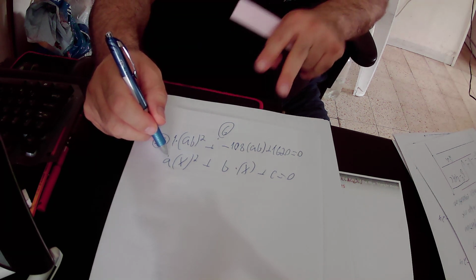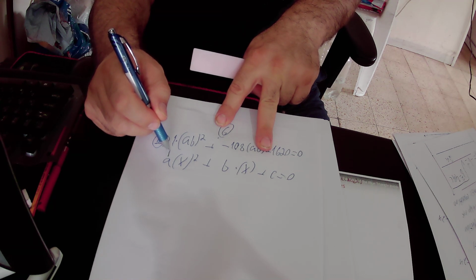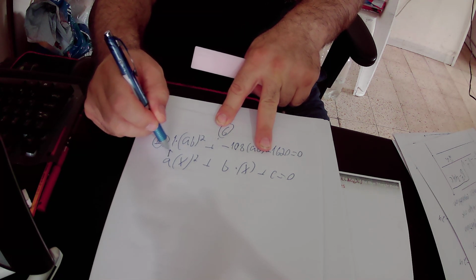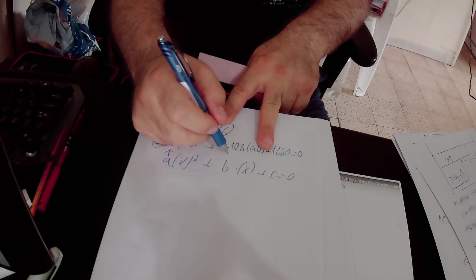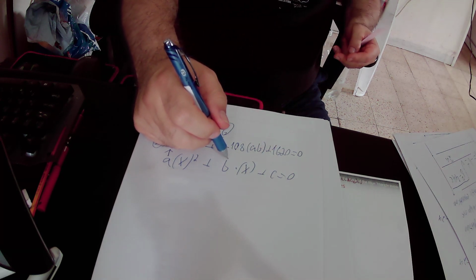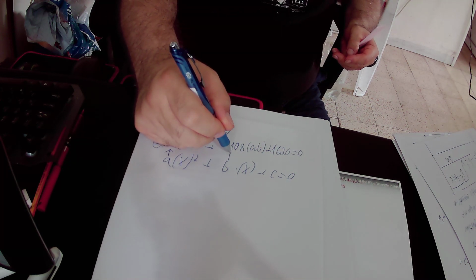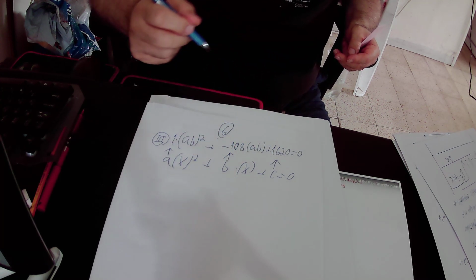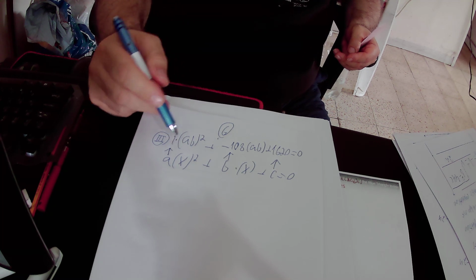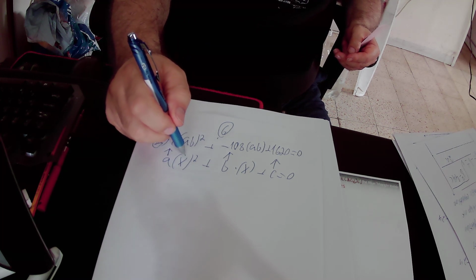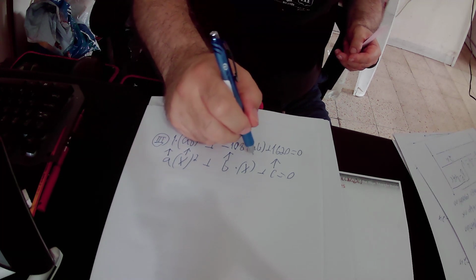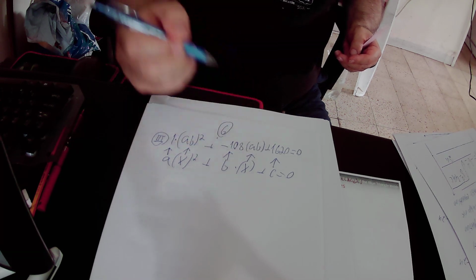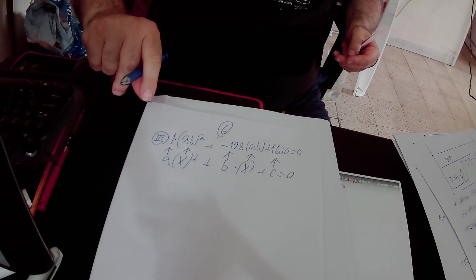So I will mark ABC with arrows. And x is equal to AB. So we'll write it down.